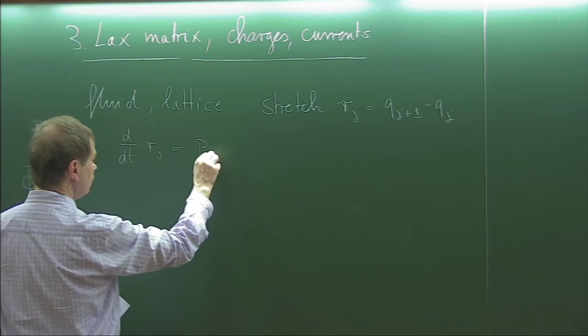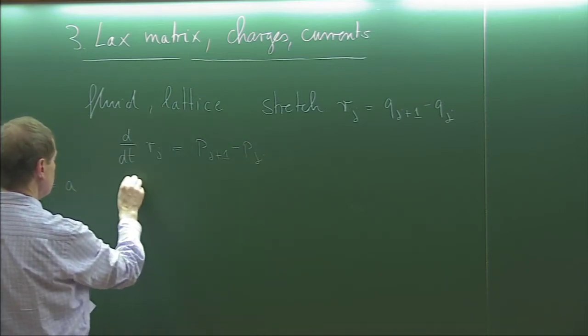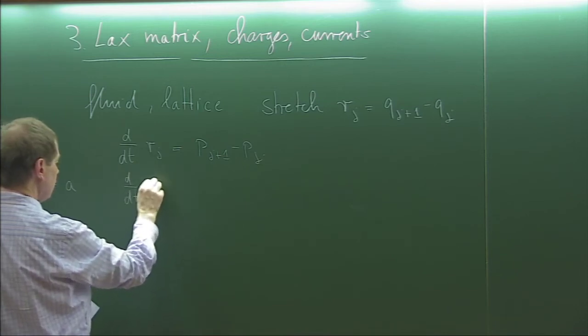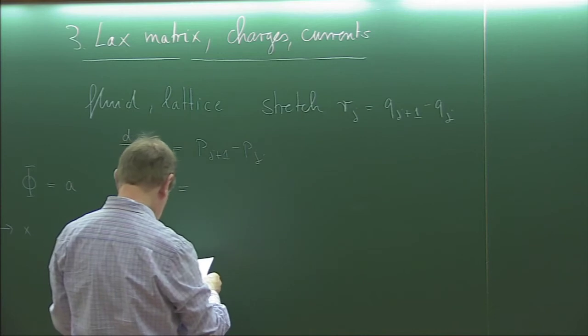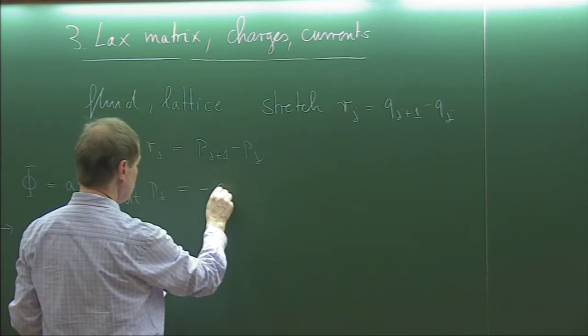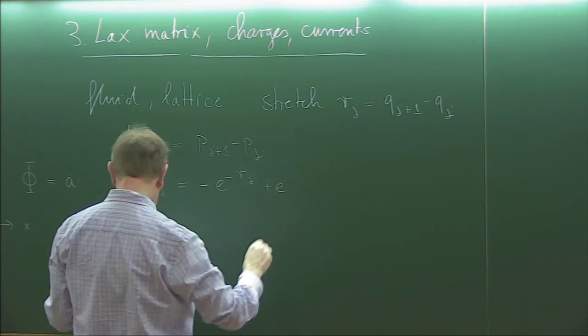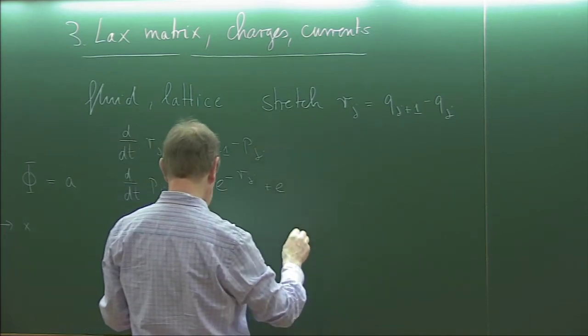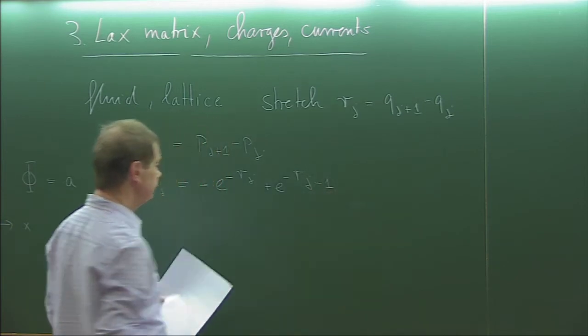So that's Pj+1 minus Pj. And then you look at Newton's equation of motion, and that gives you the change of momentum. And this gives you minus e to the minus Rj plus e to the minus Rj-1. Okay.